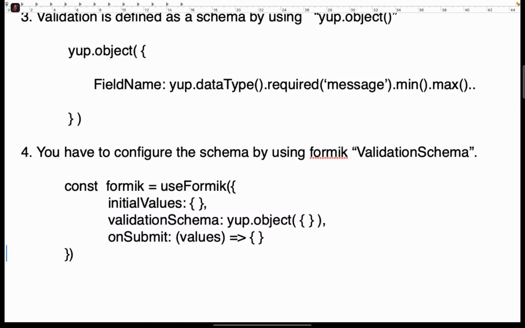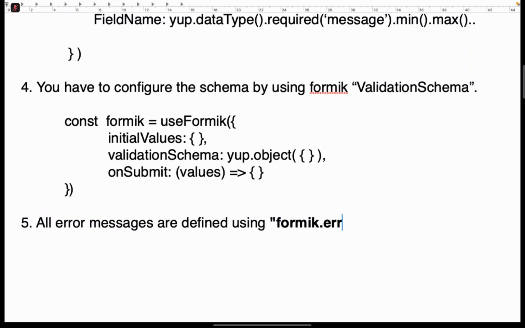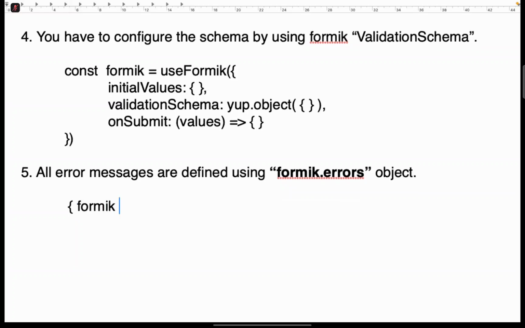So after this, how to display the errors? Errors is the same concept. All error messages are defined by using the formik.errors object. So how to access individual errors and display them? formik.errors.fieldName.